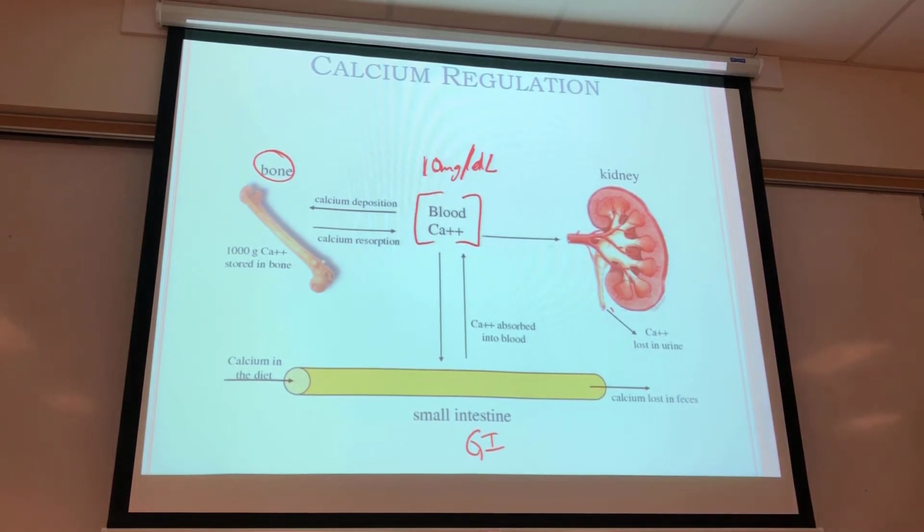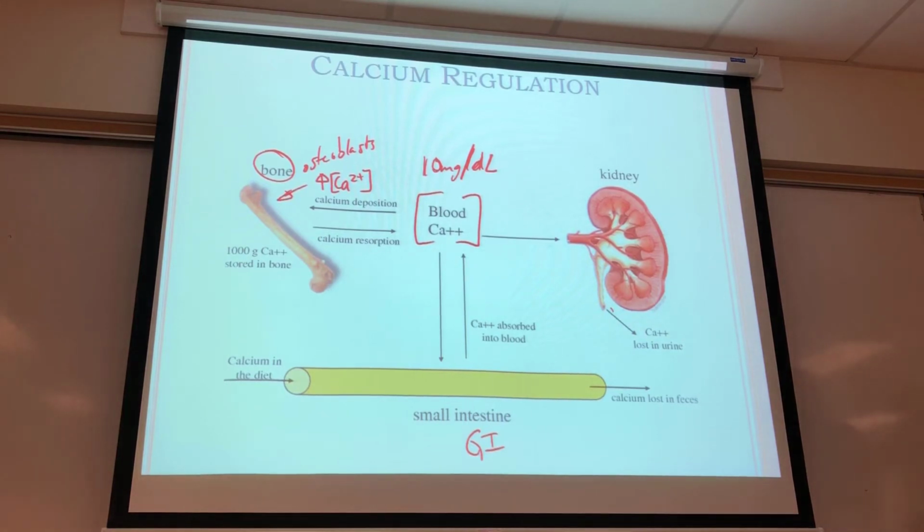So looking at this, you'll see with excess calcium, we store that in our bone through osteoblasts. Just like that video described, those osteoblasts will come in and start to layer calcium into the bone itself.